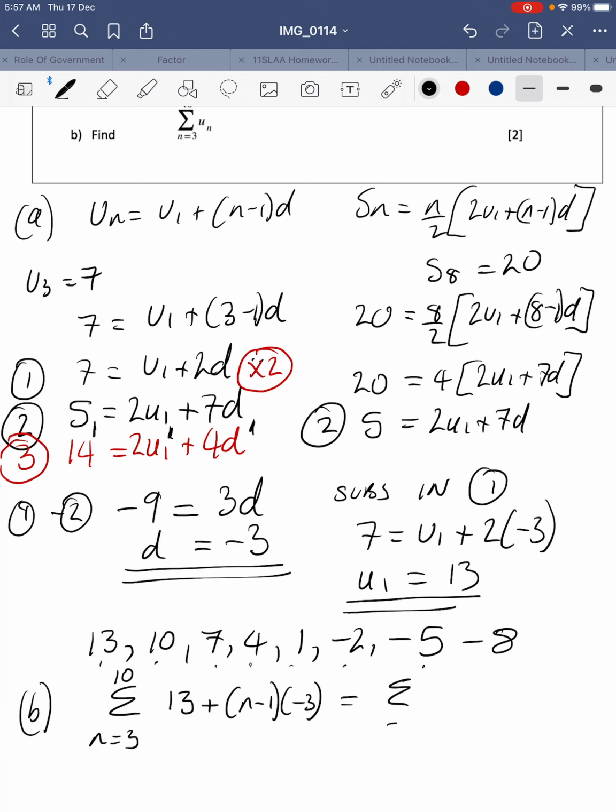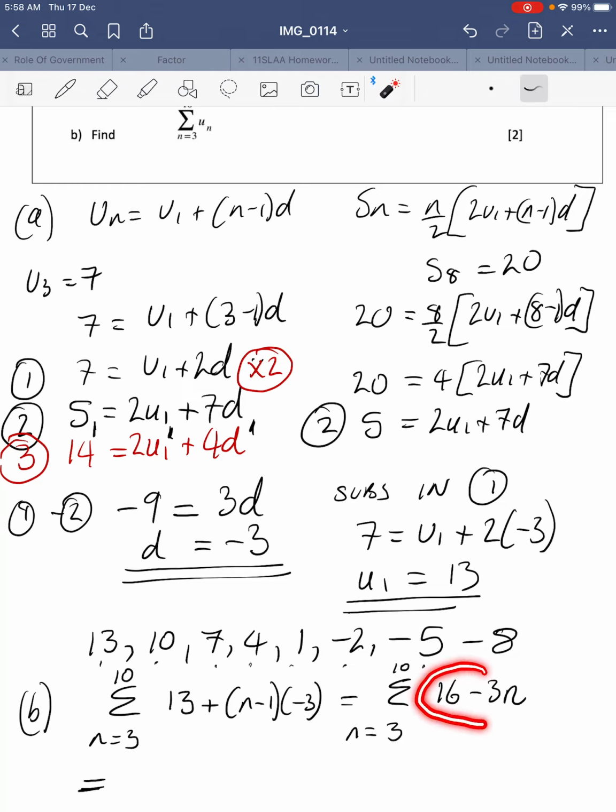This is the sum from n equals 3 to 10. And when you play with this, you get 16 minus 3n. So that's the nth term rule for the series. And so if we just generate the first few terms, we'll get to see what's going on. So remember how sigma works.